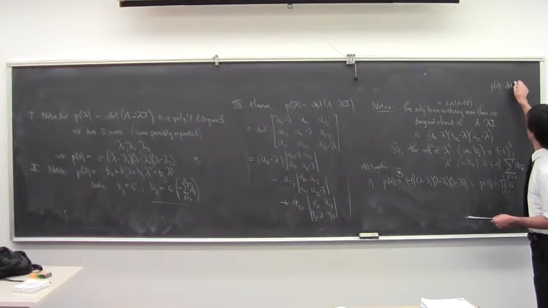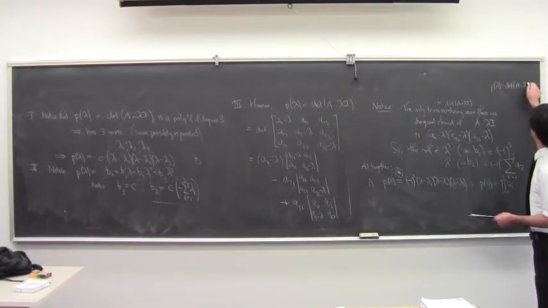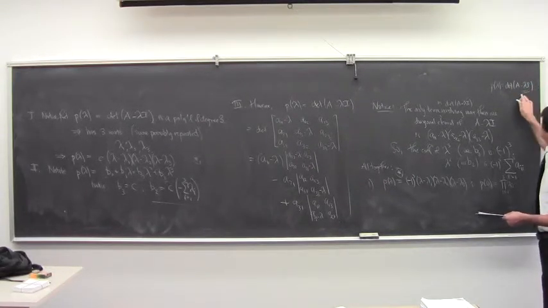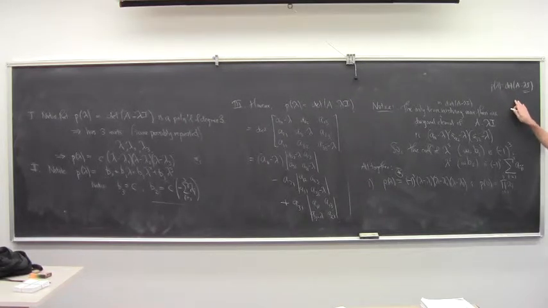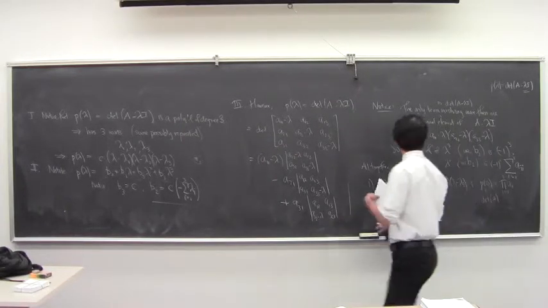P is the determinant of A minus lambda I. So when you evaluate it at 0, you get the determinant of A. So P of 0 is the determinant of A. So the determinant of A is the product of the eigenvalues.